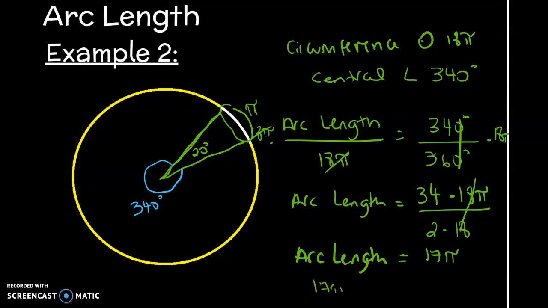Because 17 pi plus pi should equal the total circumference, which is indeed 18 pi. So this is kind of two different ways of seeing maybe the same angle but in different ways, and seeing how important it is to be able to know what your central angle is and what it is that you're actually looking at as well.